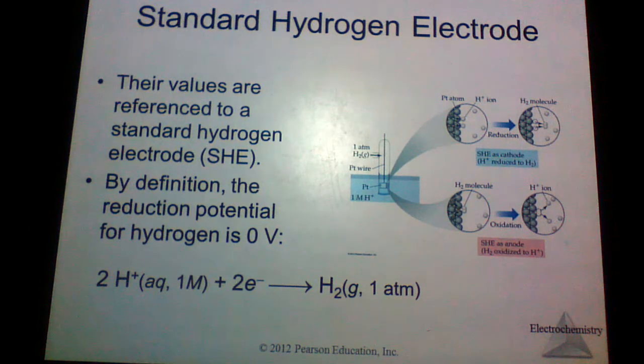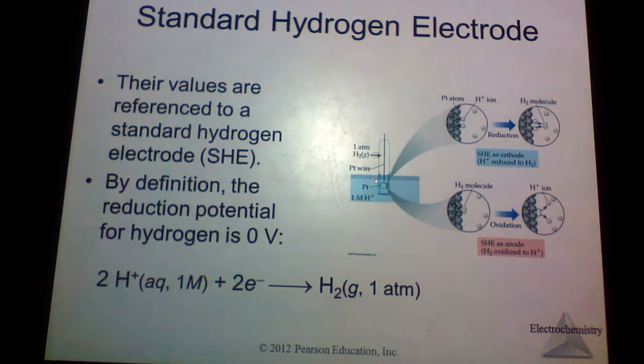Ultimately, what's happening is, if I'm looking at this diagram right here, I have a platinum wire that's connected to a piece of platinum foil. So here's my foil, here's my platinum wire. This piece of platinum foil is going to be covered with some finely divided platinum that will serve as an inert surface for this reaction.